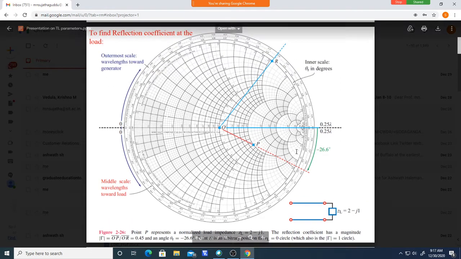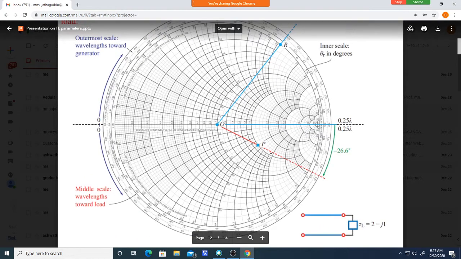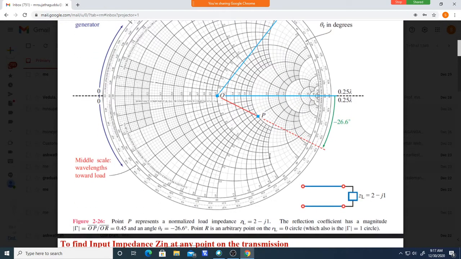To find the reflection coefficient, instead of using the mathematical equation, ZL minus Z naught divided by ZL plus Z naught, we can use the Smith chart. You can easily do that.